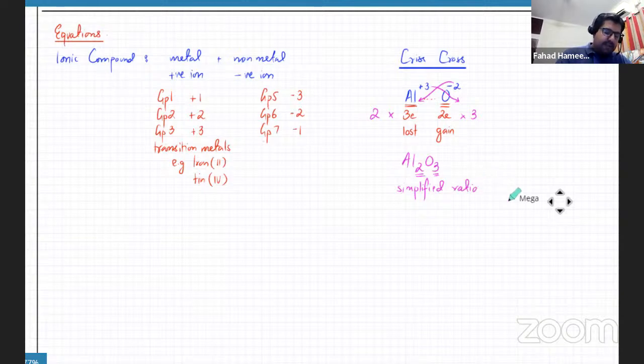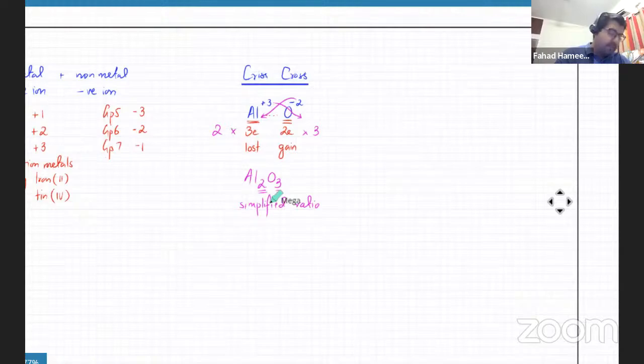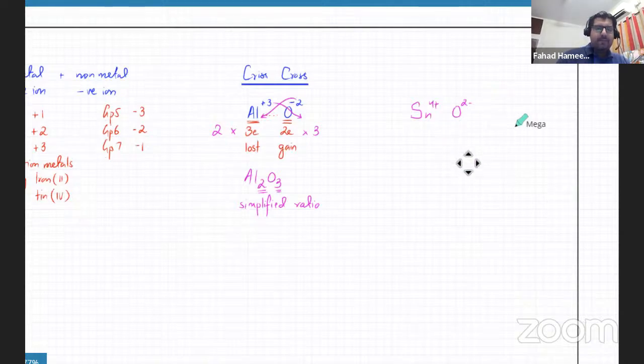So for example, if I do another example, let's say I've got Sn 4+ and I've got oxygen, and it's 2-. First, tell me what would be the formula of this compound?